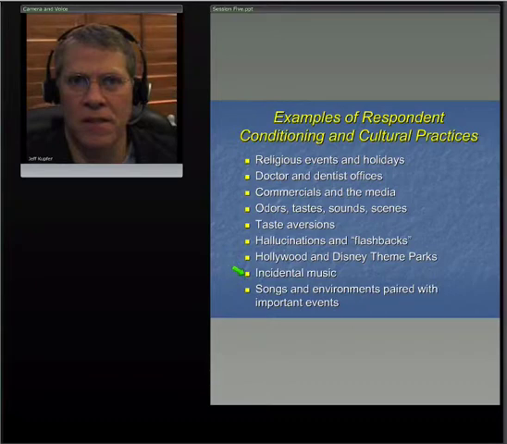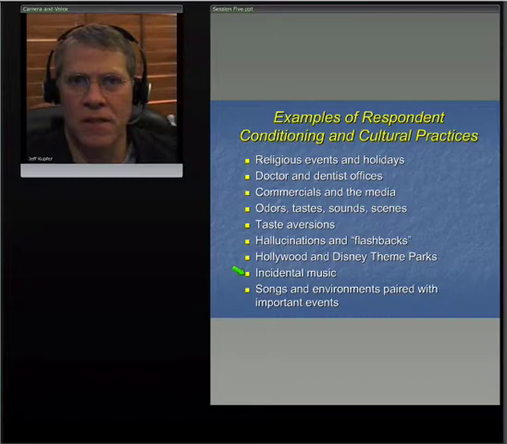Incidental music, neutral sounds that, through pairing operations, through movies, now evoke those responses. They become cultural markers, if you think about it. For example, if you've ever seen the movie Psycho, and you know the famous shower scene, and the violins and the music that go along with that.